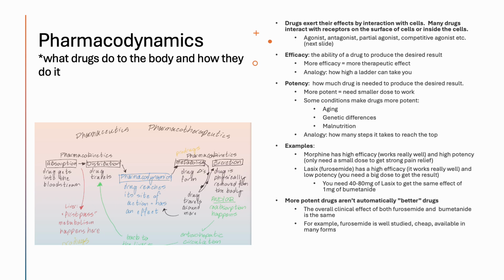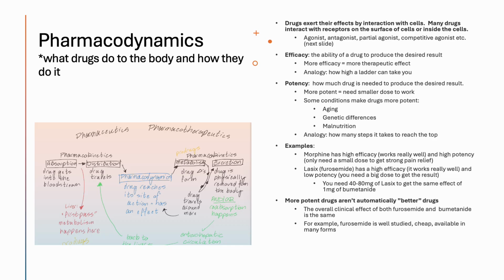Potency is how strong something is, how much drug is needed to get that result. So if something is very potent, you need a smaller dose. An example of this would be, I'm sure everyone by now has heard of fentanyl. Fentanyl is much, much more potent than morphine. You need a smaller amount of it to get the same result, a smaller dose.